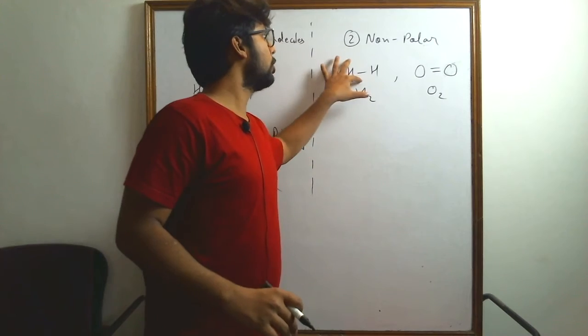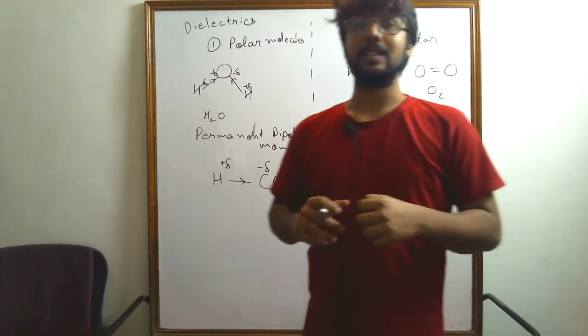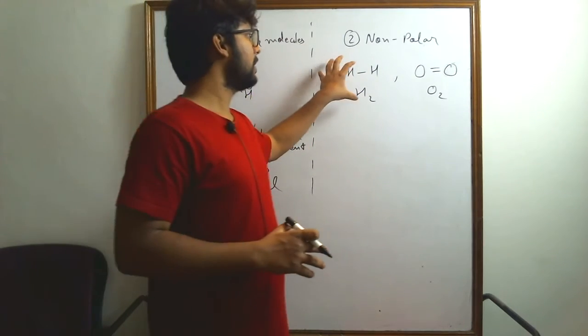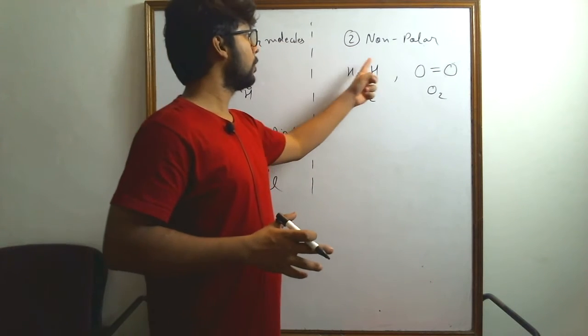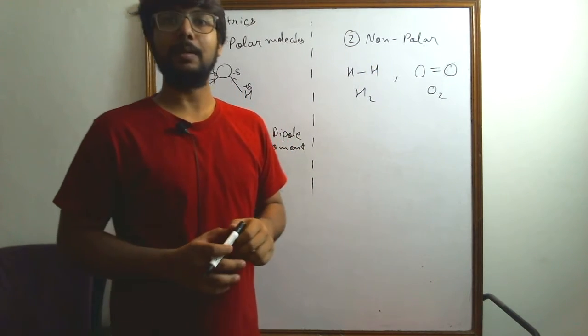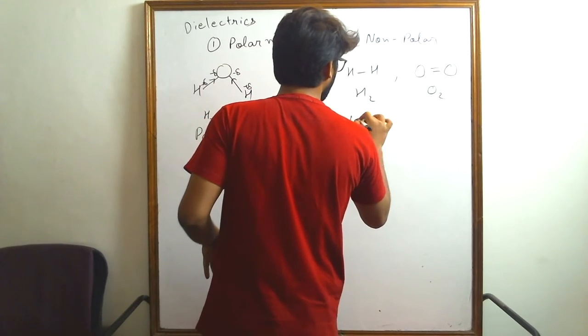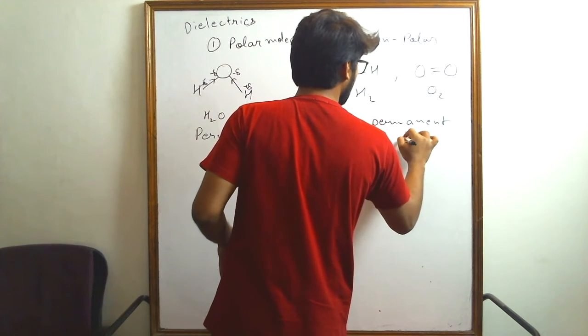Here, due to symmetry, none of the atoms pull the electrons towards itself, and so both of them have equal strength. When they have equal strength, they are neutral as a whole. That means there is no partial charge on them, so there is no permanent dipole.